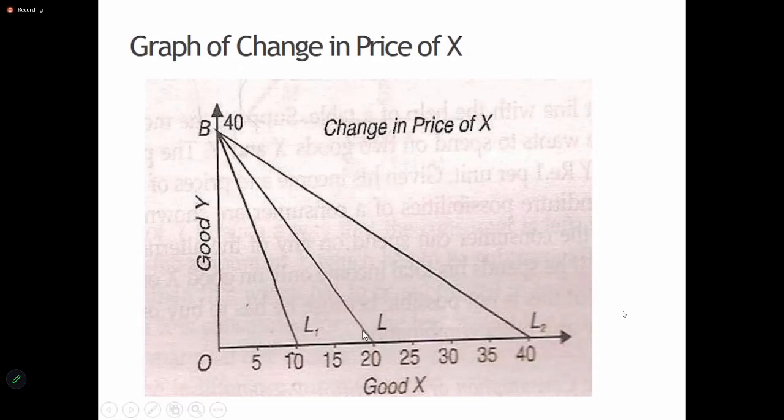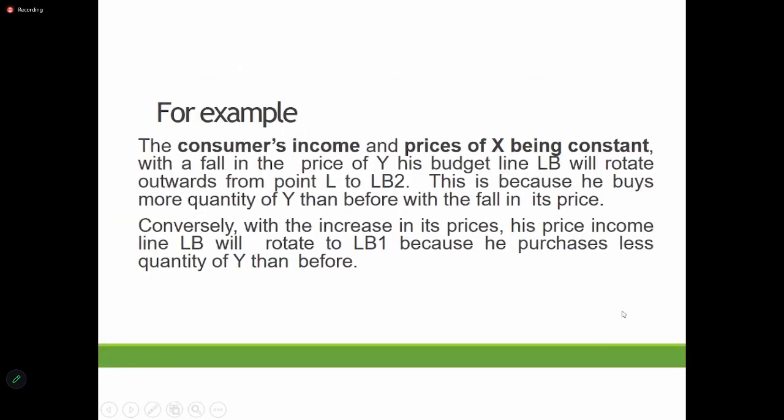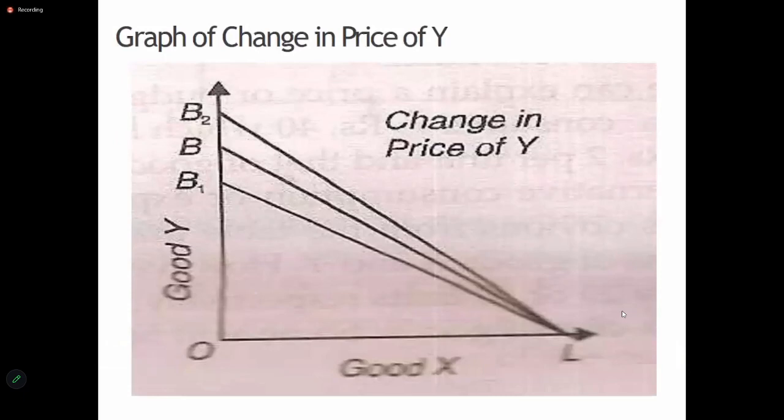See how the line L rotates to L2 and to L1 when changing the price of X. Again, in the same way, when the price of Y changes, you can see the same thing. If you know the concept, fine. I took this from the internet, that's why it's somewhat not clear. Anyway, I will make it clearer and send it to you all. So you can see it the other way when Y changes, the same way.